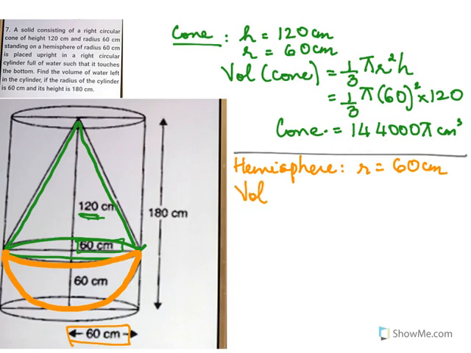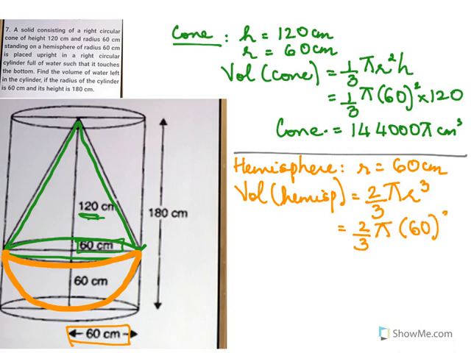We know volume of hemisphere equals 2 by 3 pi r cube, which is 2 by 3 pi, and the r is 60, so 60 cube. So here again we have the volume as 144,000 pi centimeter cube.